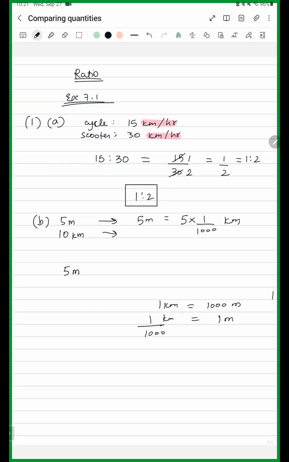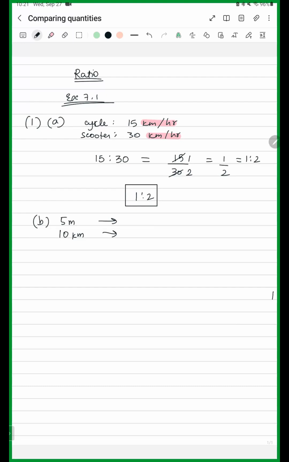Are you understanding? I have changed this meter with 1 by 1000 kilometers. So then it becomes 0.005. So doing this, we will have to deal with decimals, so changing to meters is easier because we won't have to face a decimal.